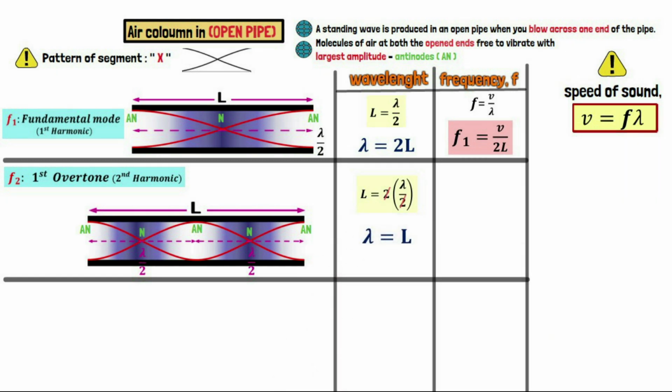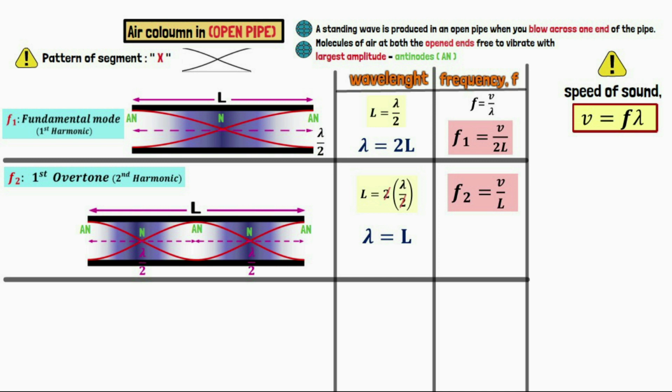Okay? So, how about the frequency for the second harmonics? So, F2 equal to V over lambda. So, since lambda is equal to L, so we can write equation of F2 is equal to V over L. Okay? So, kalau kita perhatikan the pattern F1 and F2, so kita boleh tulis equation untuk frequency of second harmonics.